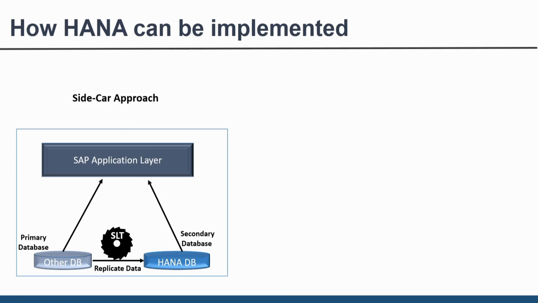That means you use HANA database as a secondary database, and whatever operations you are doing in the existing database, you keep replicating in HANA database using SLT, that is SAP Landscape Transformation. So you keep replicating real-time data in HANA database, using it as a secondary database initially. Then you ask your Basis team to start working on HANA database.